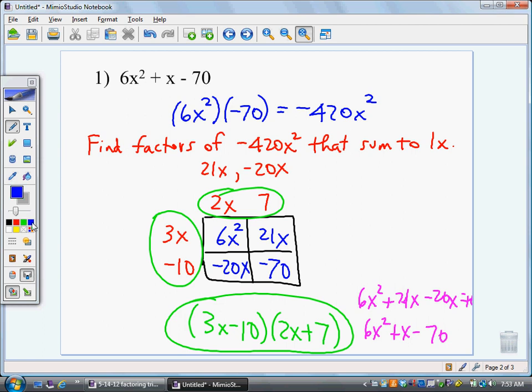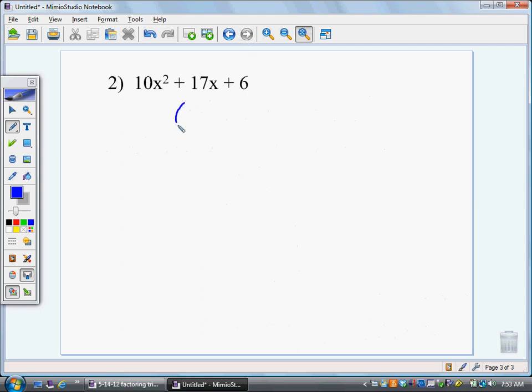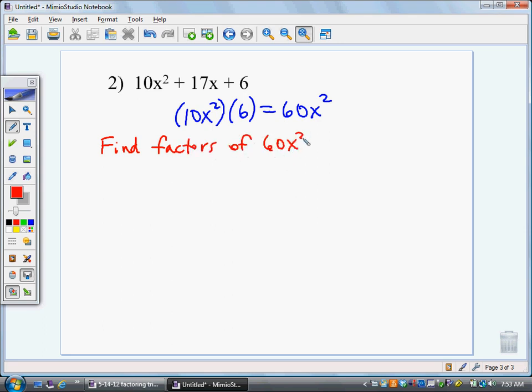I'll do one more. Same thing, multiply the first and the last. 60x squared. Find factors of that that sum to 17x. That would be 12x, 5x. That may take you a little bit of time to do that.